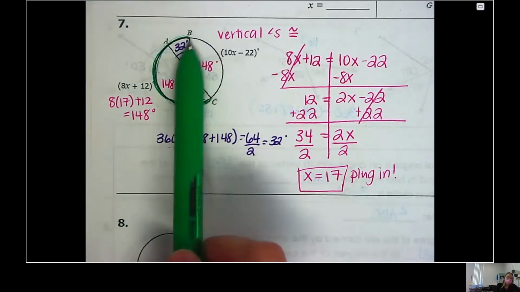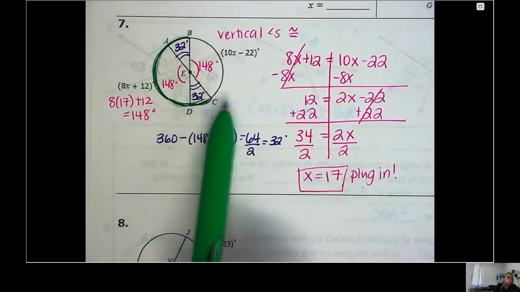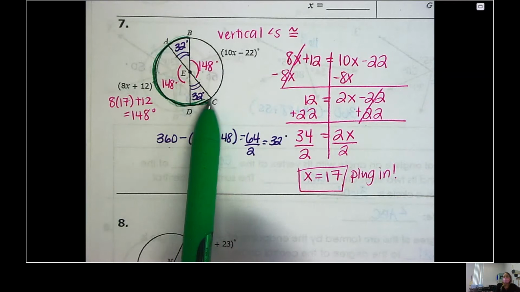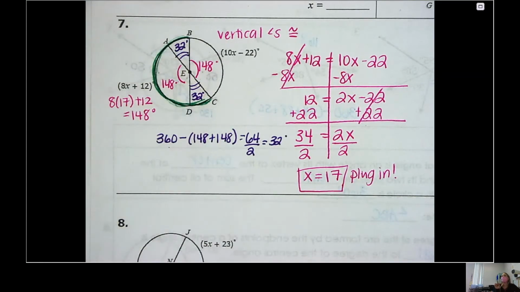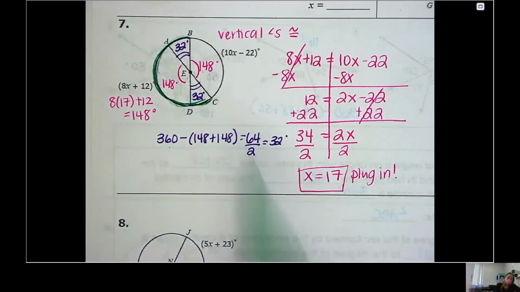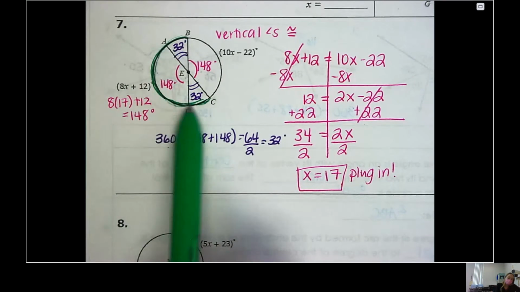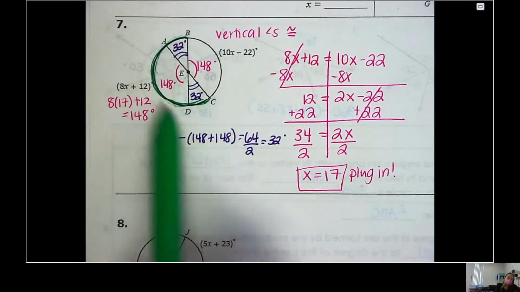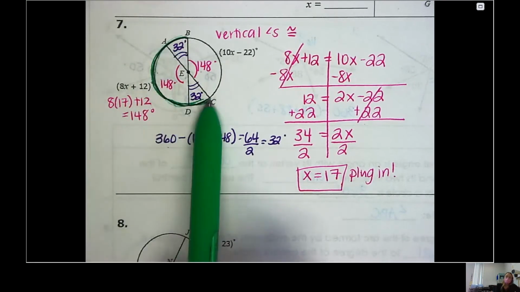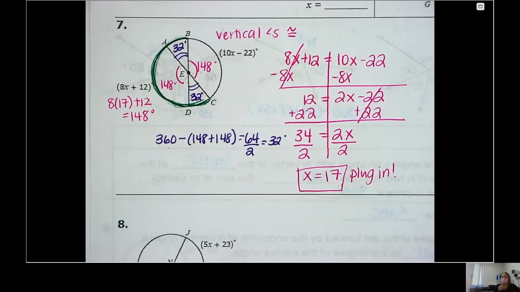Because if I try to go to the right, if I go B, I'd have to go through C first to get over here, which means that's the wrong way. I have to go the other way. So BDC is this green piece over here. How do I solve for that green piece? You can do 360 minus 148, or what else?